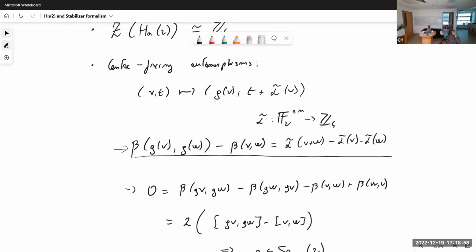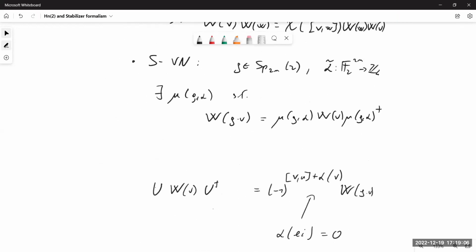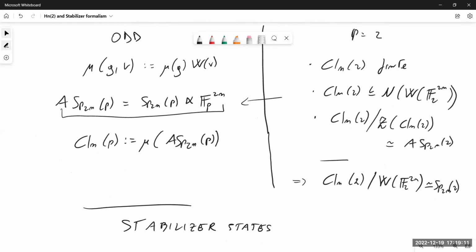So can you say again, how do you introduce the Clifford group? It should be the normalizer and it should be finite. The idea is you take a finite normalizer of the Weyl operators, and the idea is basically you want this.